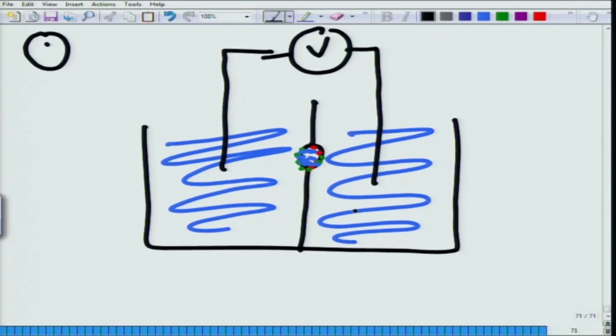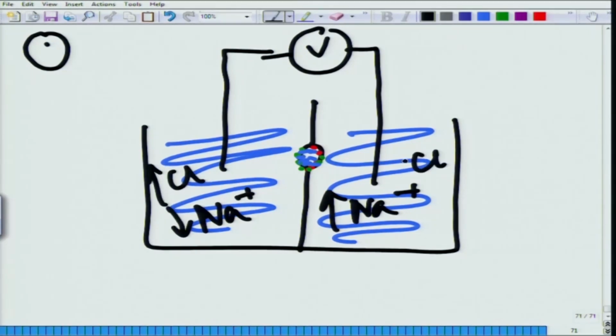There are different concentrations of, say, sodium, which may be high on this side and low on the other, chloride high here, or potassium low here and high there. Whatever it is, the flow of ions through a single channel in a membrane can be detected.